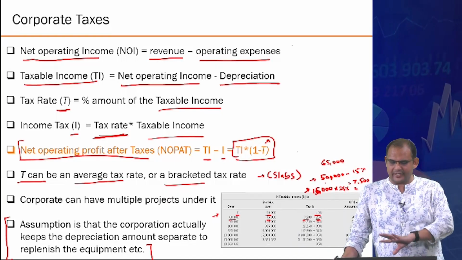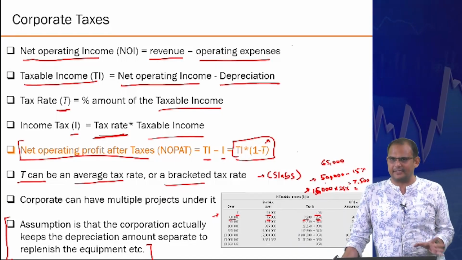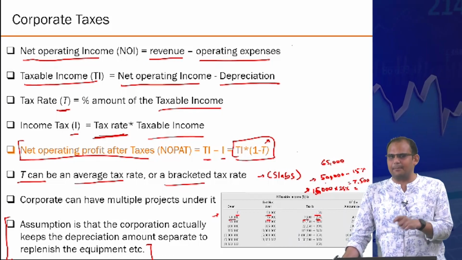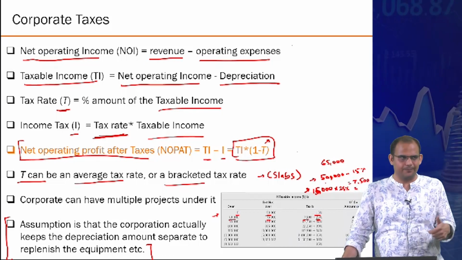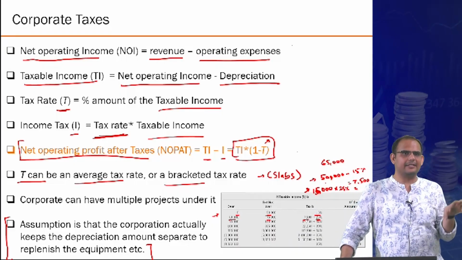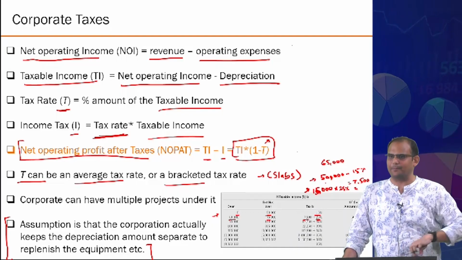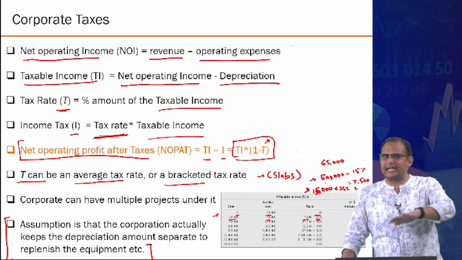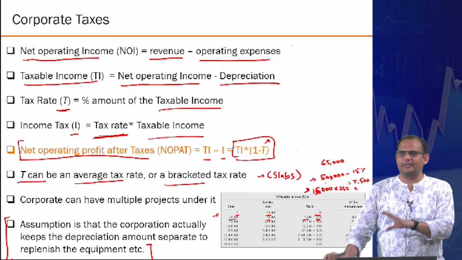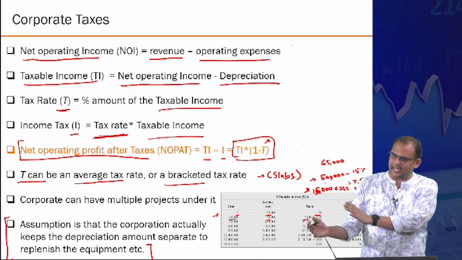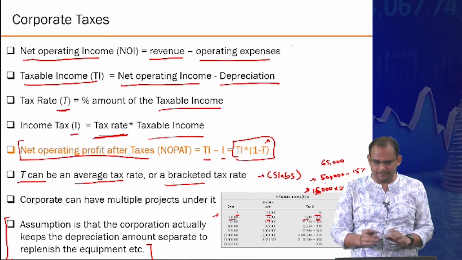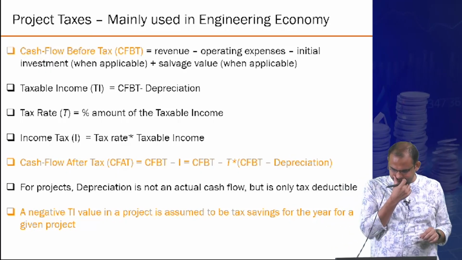The only key difference between a project and a corporate tax is that in a project, the depreciation is not a real cash flow. You assume that it is kept aside, but it is not actually taken away from the project. Its money still stays within the project, and that's the only difference between a project cash flow and a corporate cash flow. Let me show you the example, right?